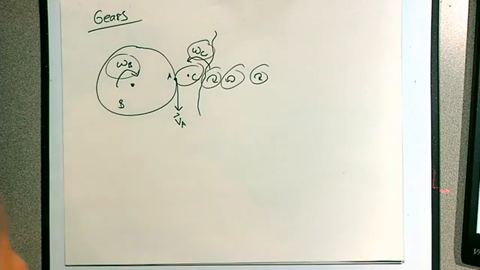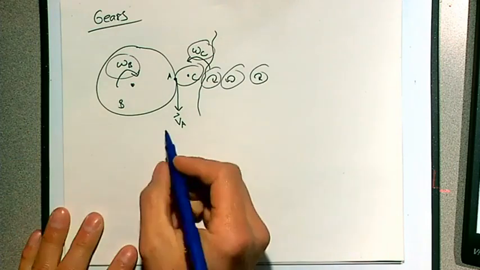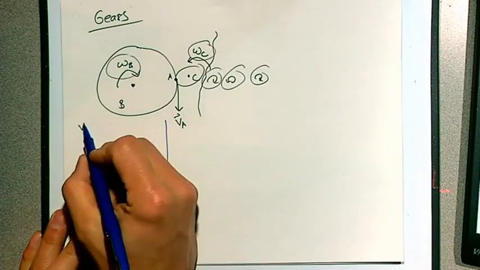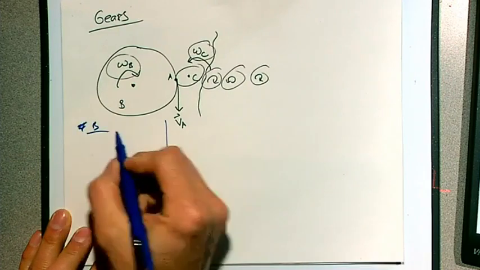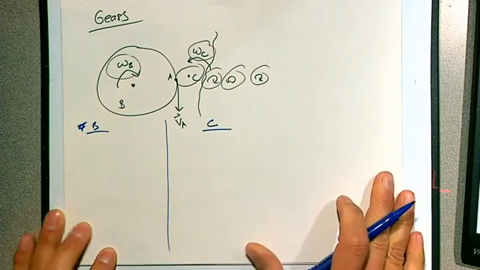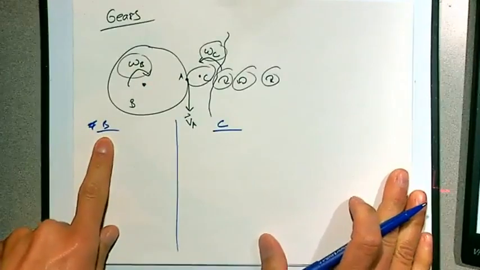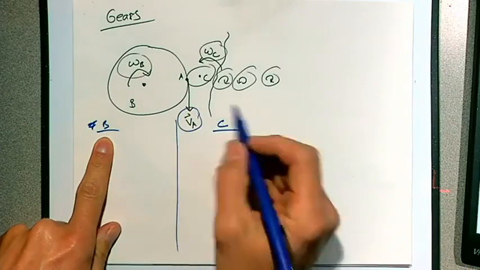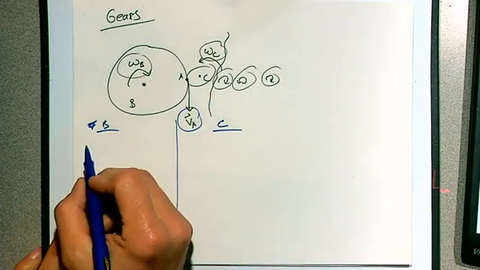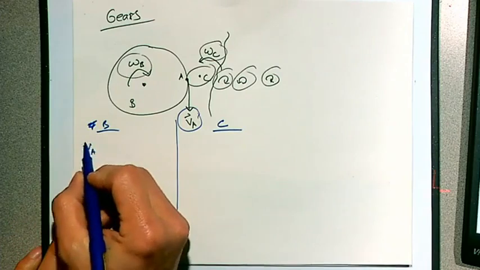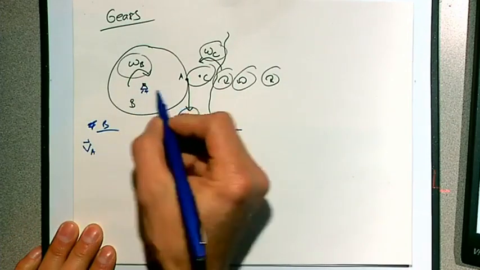So let's work through this. I'll look at the B side and the C side over here. For B, I can write out the velocity of A. The velocity of gear A, here we're going to assume B is pinned and C is pinned at the middle.